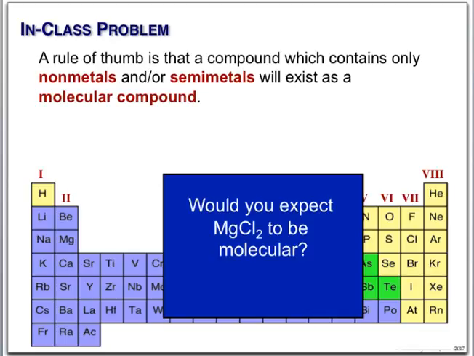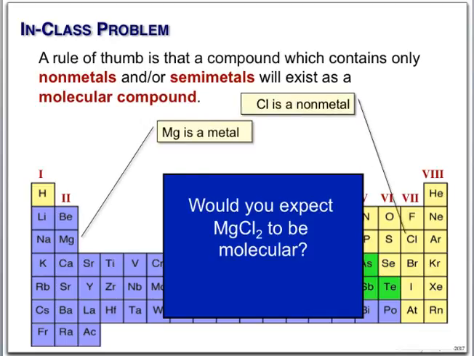Well, there it is. It's blue. Chlorine is here. It's yellow, but it doesn't matter. This is a metal. Even though this is a nonmetal, this is an ionic compound. If it has a metal, it will be ionic.